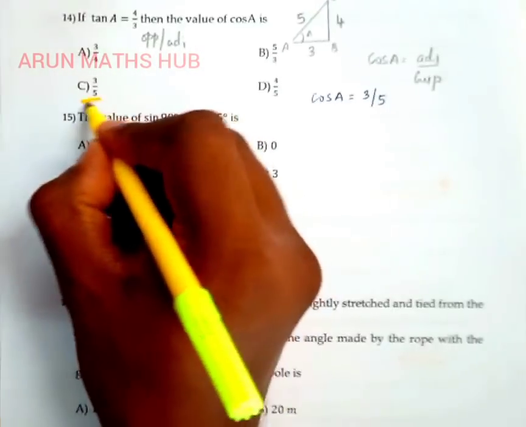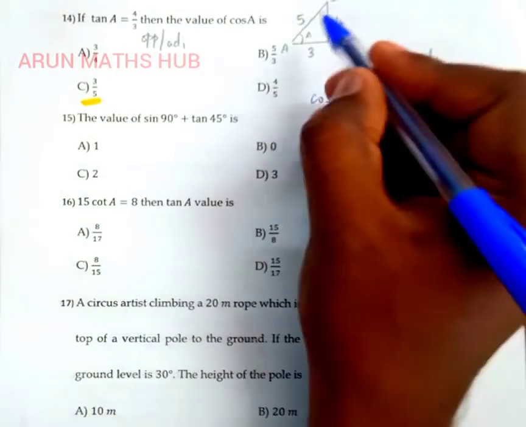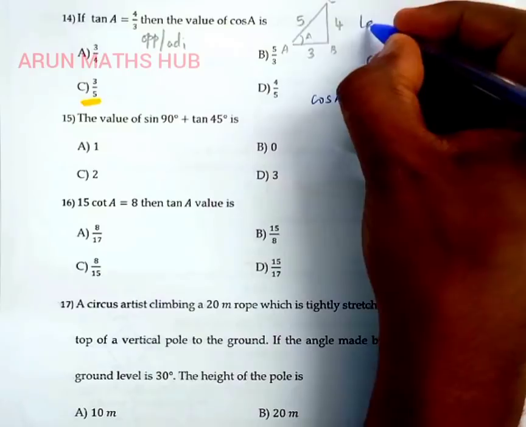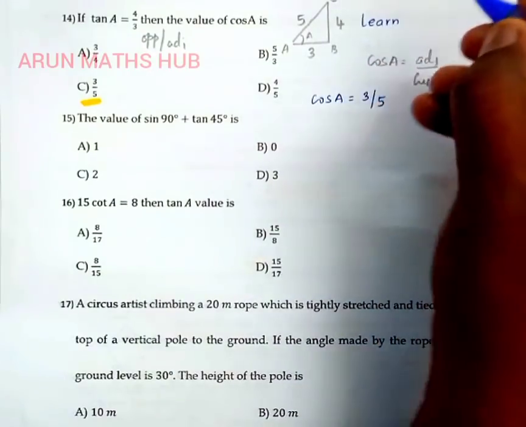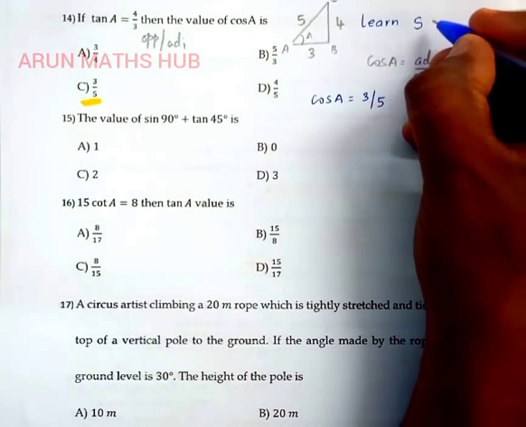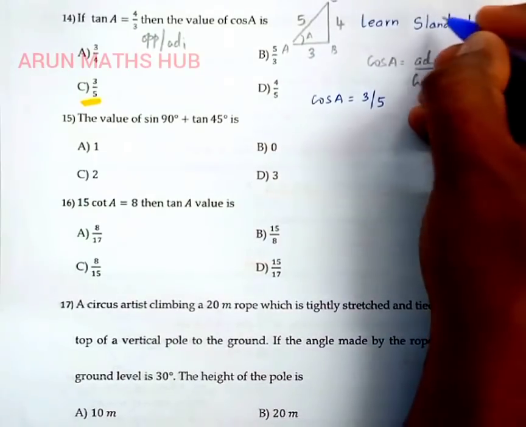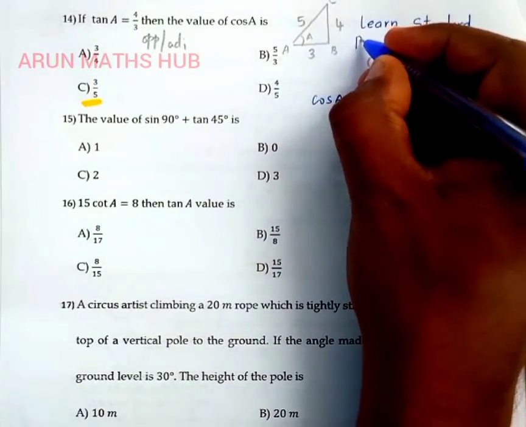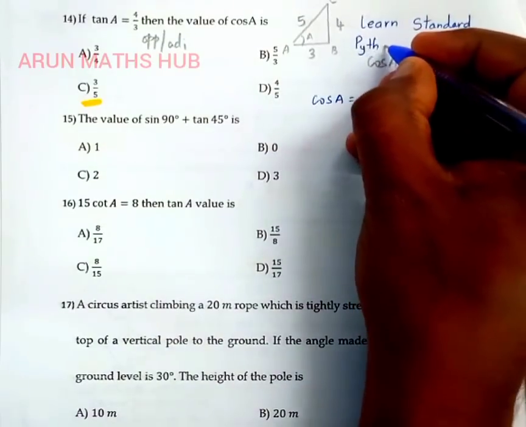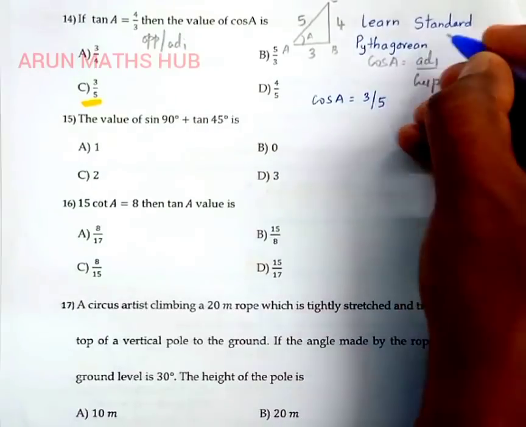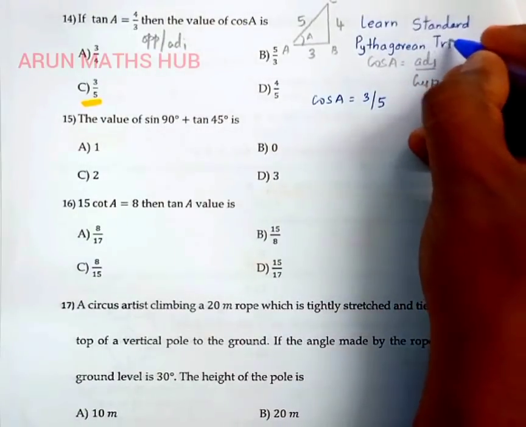There are a few Pythagorean triplets like 5, 4, 3 and 13, 12, 5 and 10, 8, 6. These are Pythagorean triplets, that is, the square of the biggest number will be equal to the sum of squares of the other two numbers.